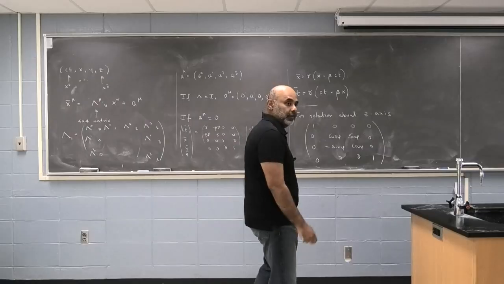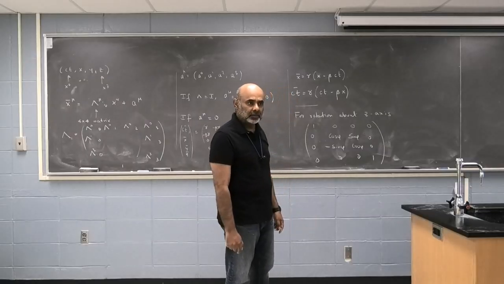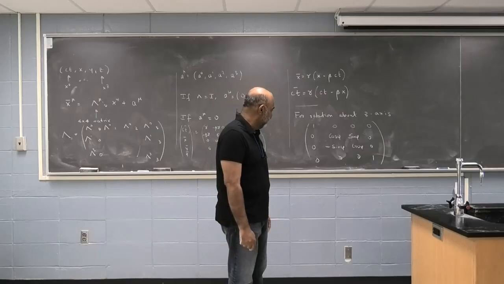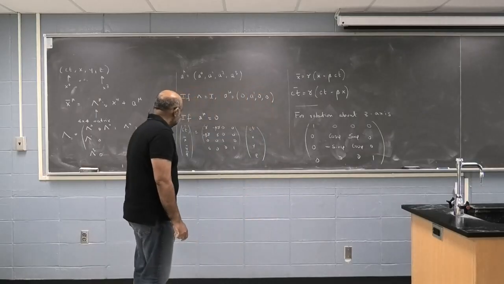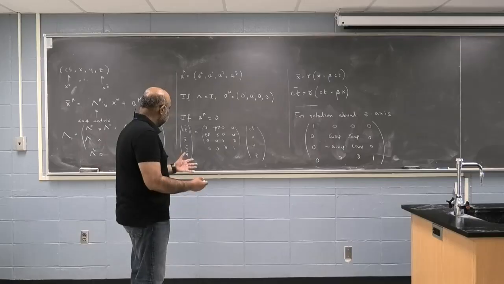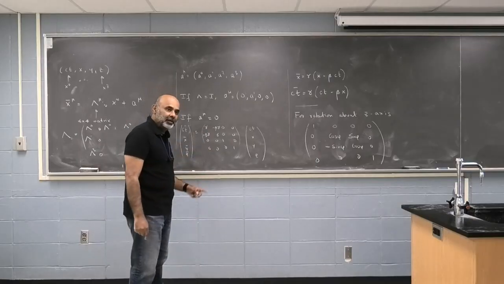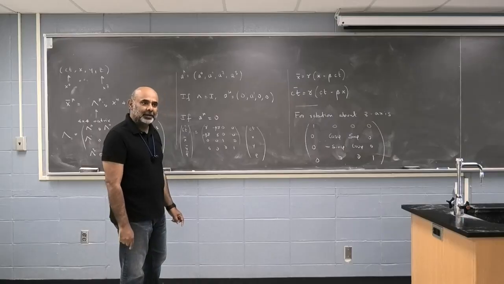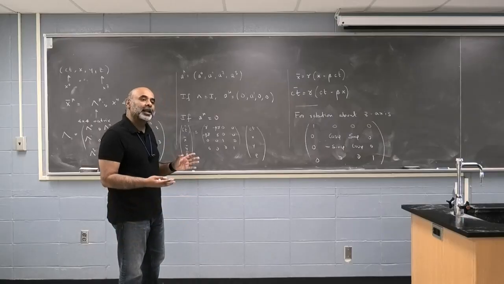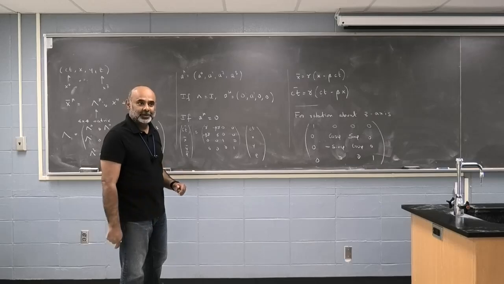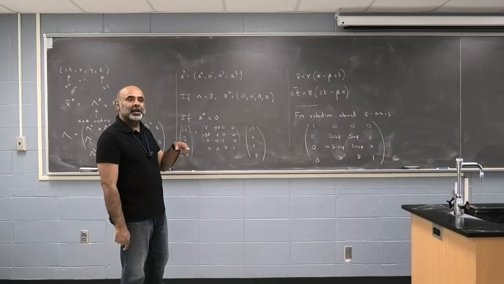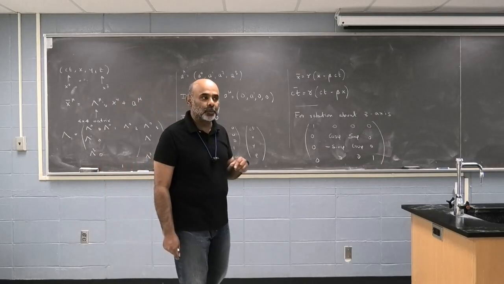Is it just by chance that the Lorentz transformation looks identical to the rotation? They are very similar, it's just that there's that extra minus sign. We'll talk about that. It's like sinh and cosh, because cosine squared plus sine squared is 1.